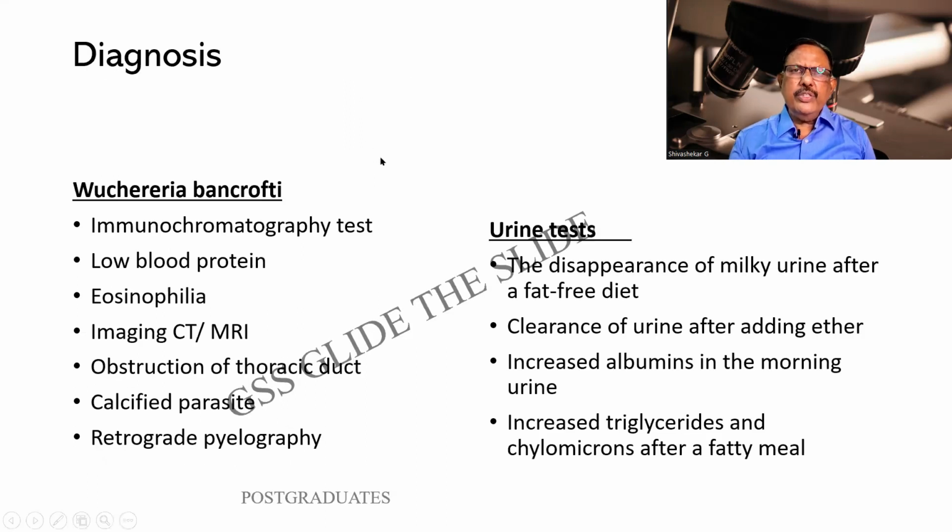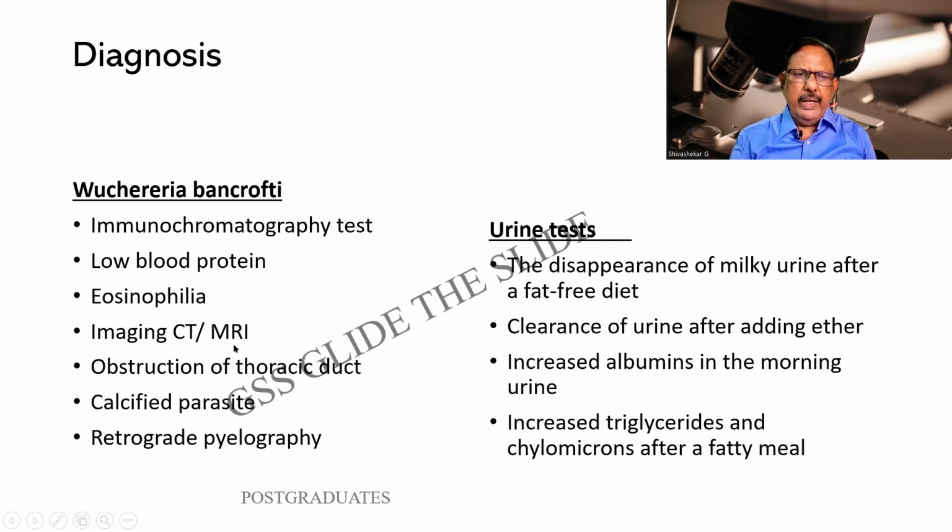Now, what are the diagnostic weapons for this? One, we had mentioned the blood smear, a thick smear, or a wet mount. Immunochromatography test is there. There can be a low blood protein. Eosinophilia obviously is there in any of the parasitic infestations.